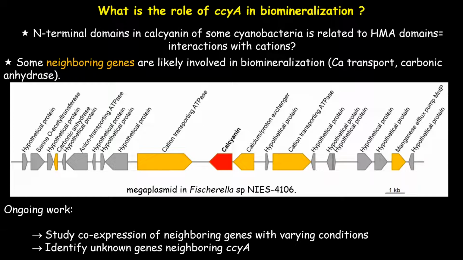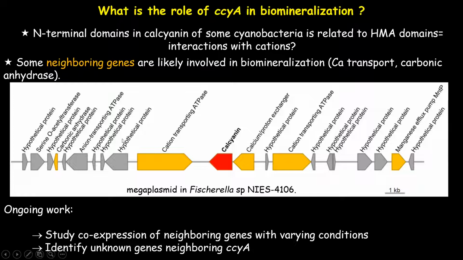In some cyanobacteria, this domain looks very similar to known domains called heavy metal affinity domains. So in our calcyanine, we have a domain that looks close, not the same, but close to domains that are known for their affinity for heavy metals. So, of course, the big question is how this calcyanine interacts with metals and cations.